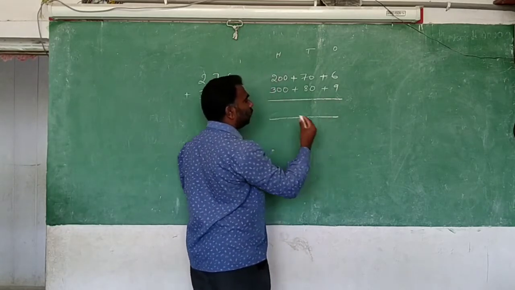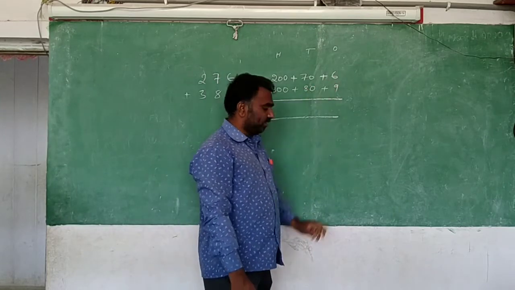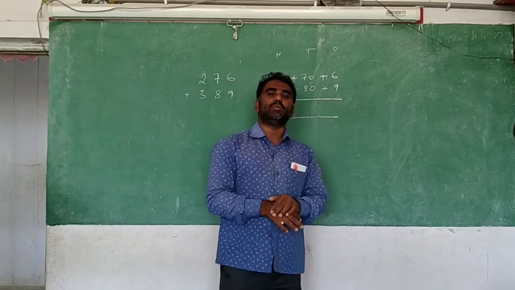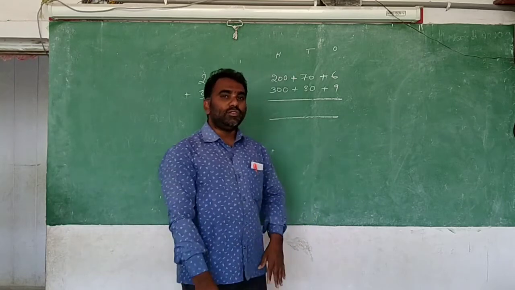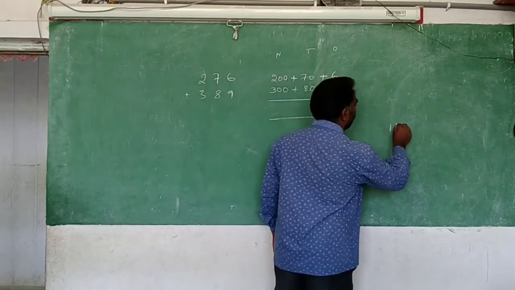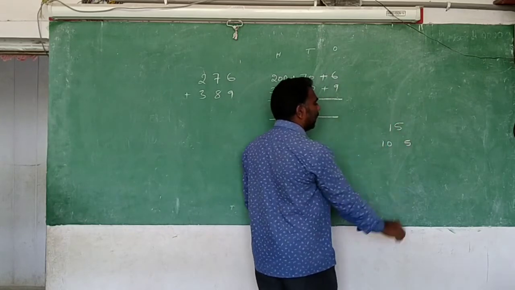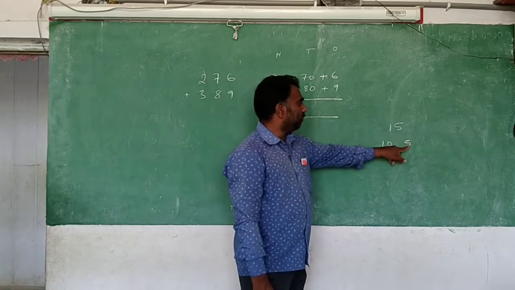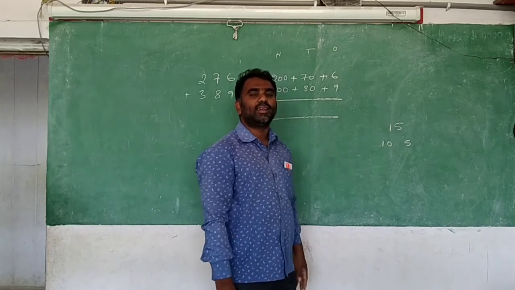Add means joining together. So when you add these 9 and 6, you can join that. 9 and 6 will become 15. In 15, there is one 10. Do you accept or not? 10 and 5 will become 15, so in 15 there is a ten.